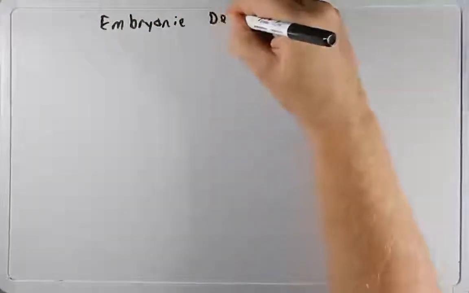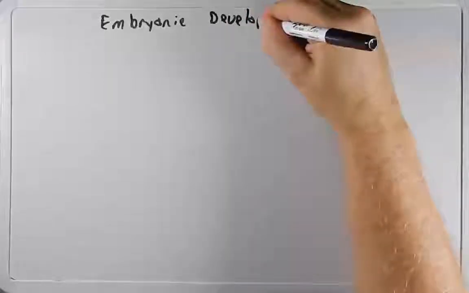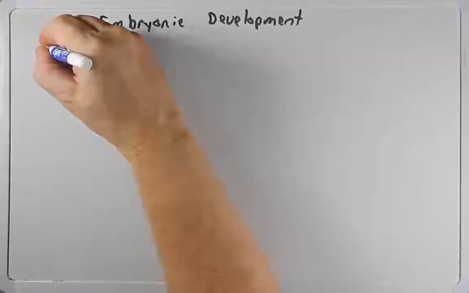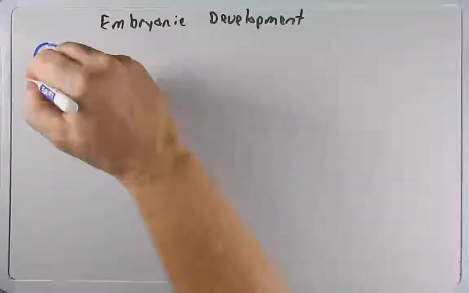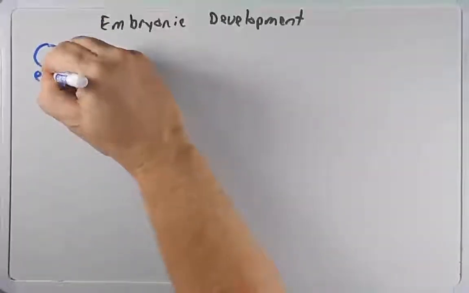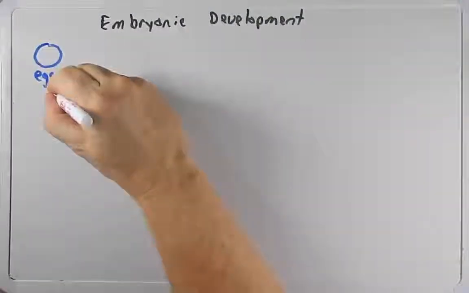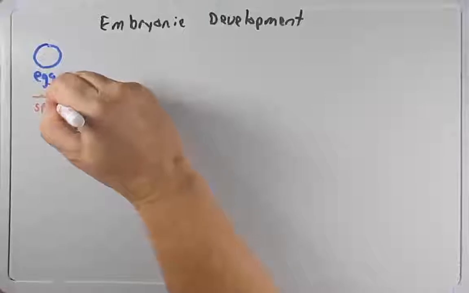Now, we've talked a little bit about embryonic development earlier when we were talking about stem cells. From the last podcast, we talked about how the egg was formed through meiosis, and then how the sperm was formed.